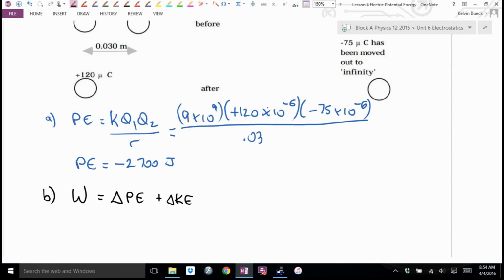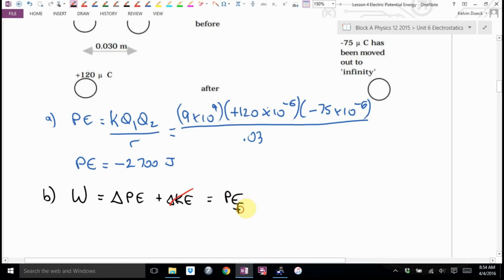What does it say we can assume? So we can, in this case, assume this. Now, eventually later on, we'll say, what happens if you let it go and it falls? How fast will it be traveling? And then the kinetic energy won't be zero. And in this case, we can. And what's changing?